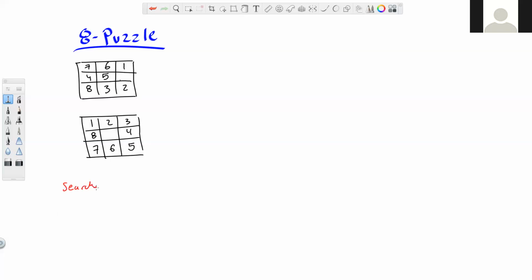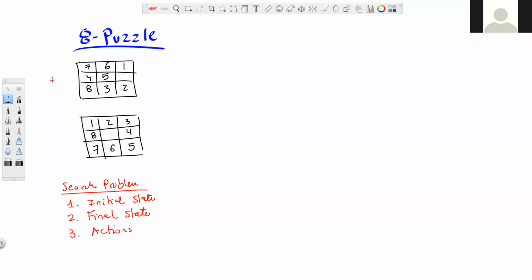The three ingredients, we call these the initial state and the final state and the actions. So in this particular problem, at least a couple of these components are pretty straightforward.